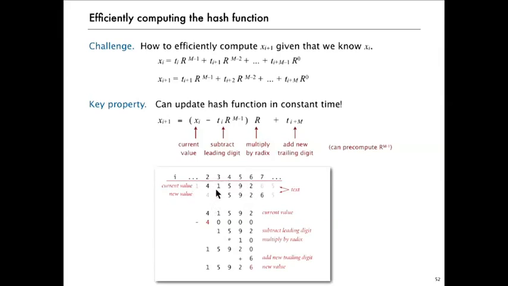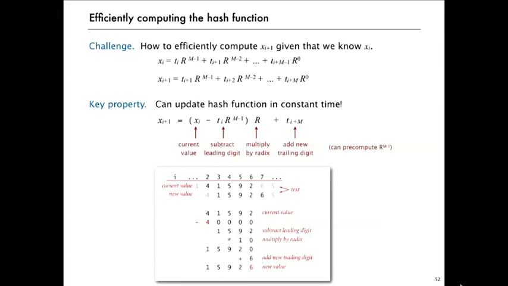If we're at this position 41592, and we know 41592 mod q, we can compute 15926 mod q by subtracting off 40,000, that's r to the n minus 1, and that gives us just the 4 digits, multiply by the radix, add the new trailing digit, and that's the new value.